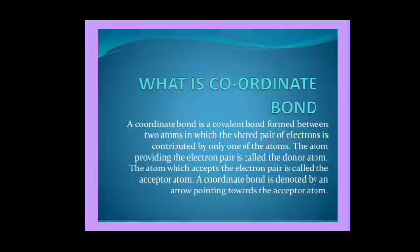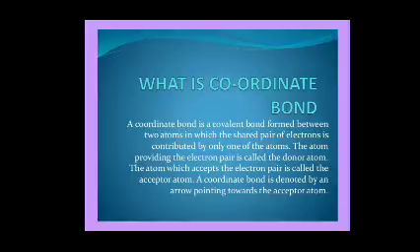Two electrons mutually contributed and shared with each other is called a covalent bond. Here, the shared pair of electrons contributed by one of the atoms in the molecule is called a coordinate covalent bond.